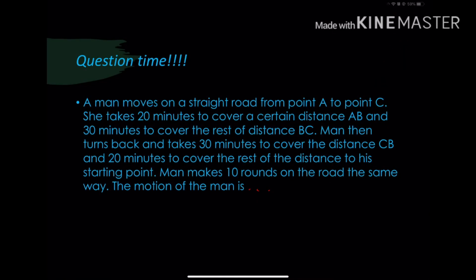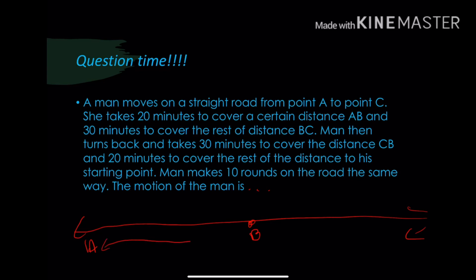Let me just rotation lock. So as I told you guys, tip: draw a diagram. We have a diagram drawn. We have to split this into 3 parts: A, B, and C. A to B takes 20 minutes and 30 minutes to cover BC.